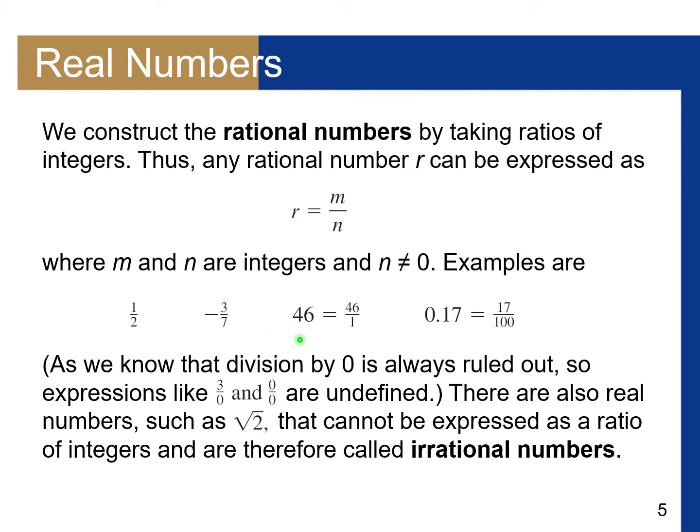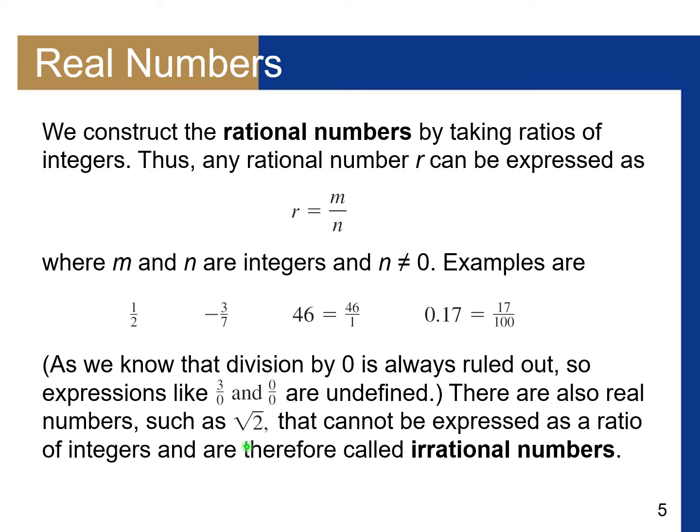But whole numbers and integers and natural numbers are also rational numbers because you can put a 1 underneath them to represent them. A decimal that either repeats or ends is also a rational number. So 0.17 is 17 hundredths, which means 17/100.